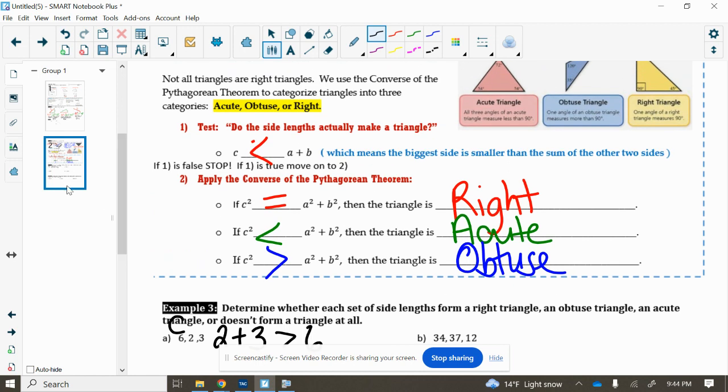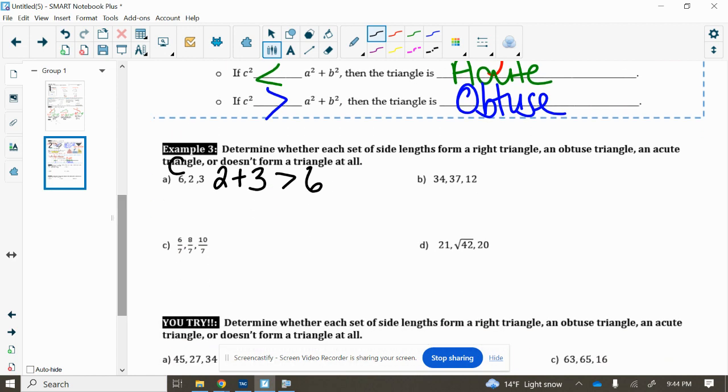Because if part 1 isn't true, that A and B are bigger than C when added together, then we just stop. So in this first example, 5 is not greater than 6. Okay, so these side lengths are too small to even be a triangle. So we would stop there and say this is not a triangle.